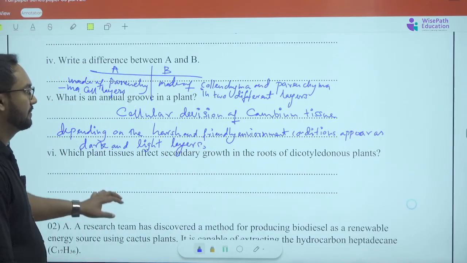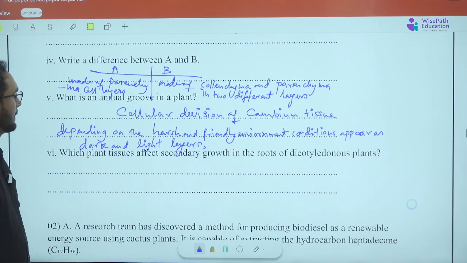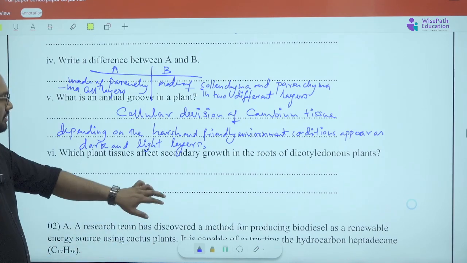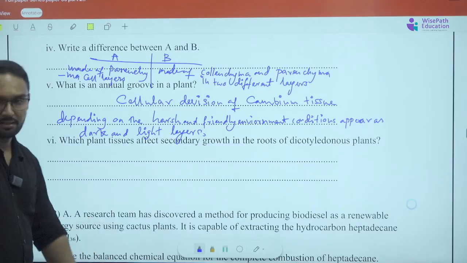Cellular division of cambium tissue depending on the harsh and friendly environmental conditions.